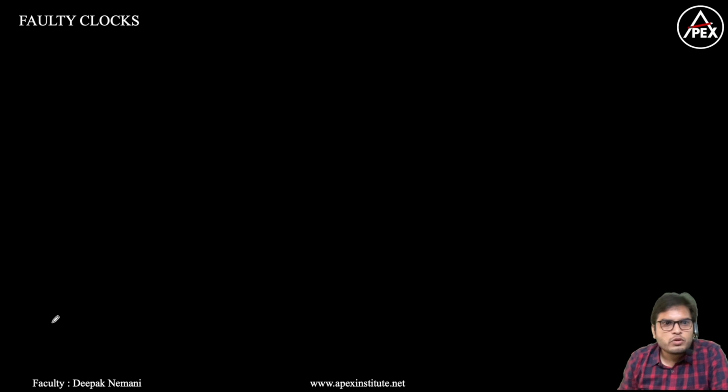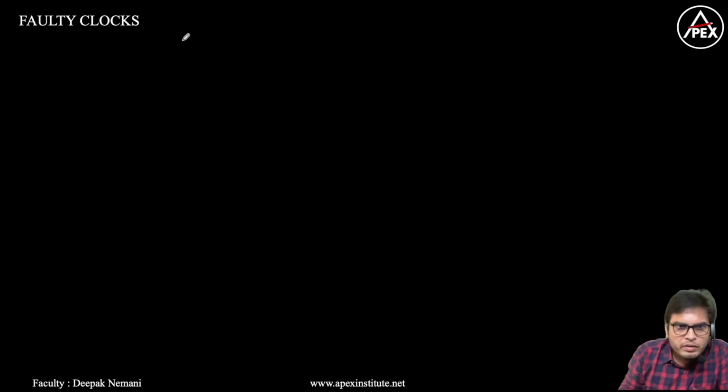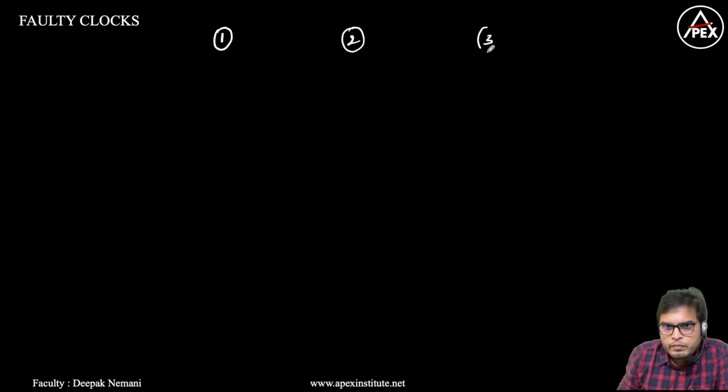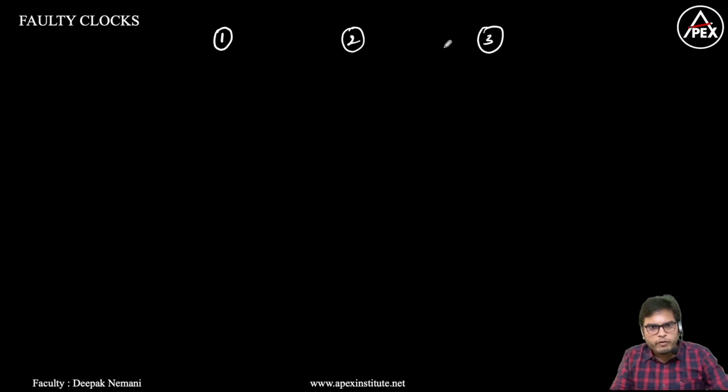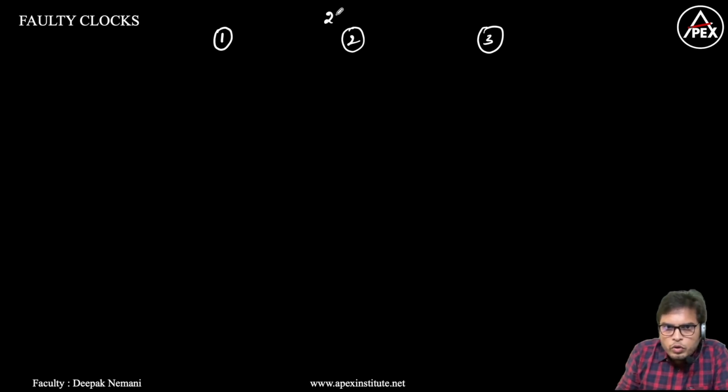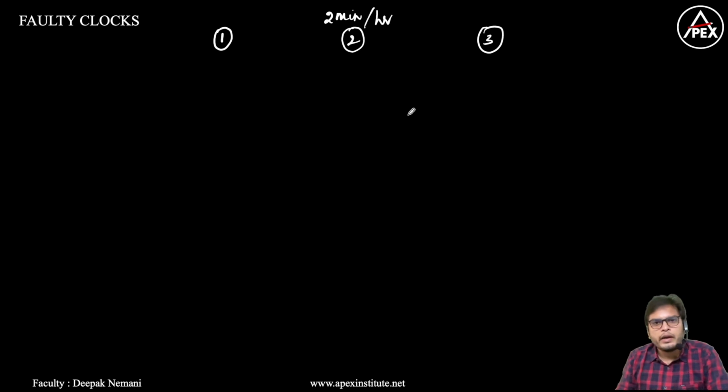Now moving ahead to the next concept. To understand faulty clocks in a better way, let me consider 3 clocks, clocks 1, 2 and 3. Now clock 1 is perfectly fine. Clock 2 loses 2 minutes every hour. Now loses means it runs slow.